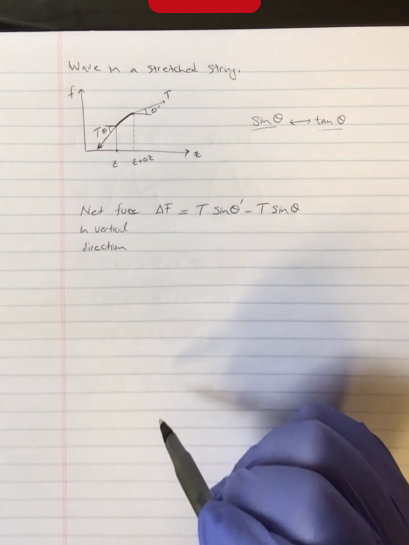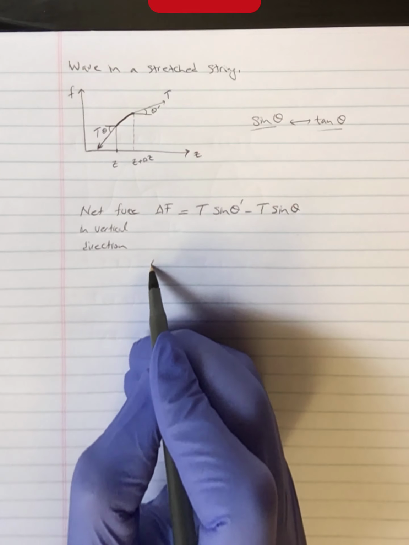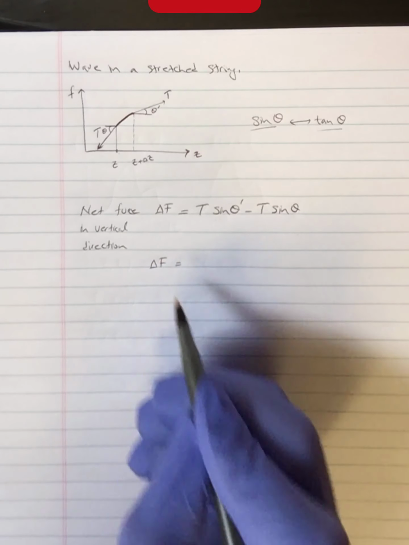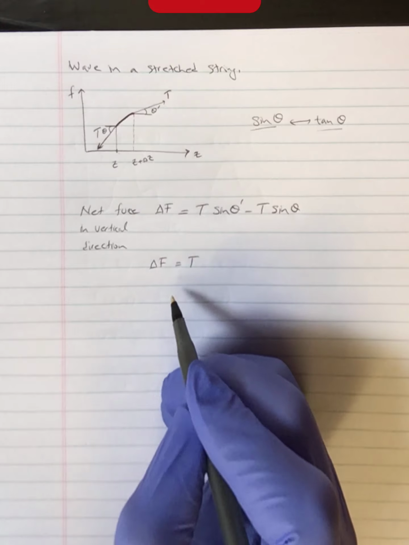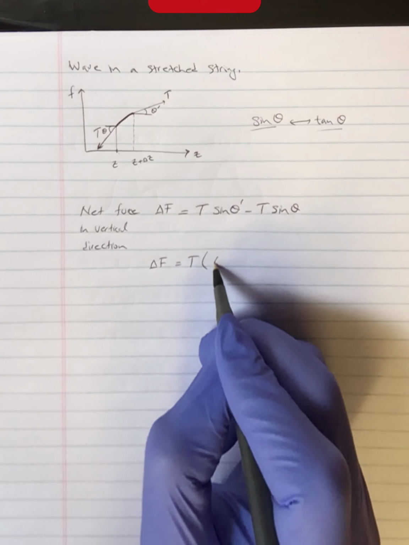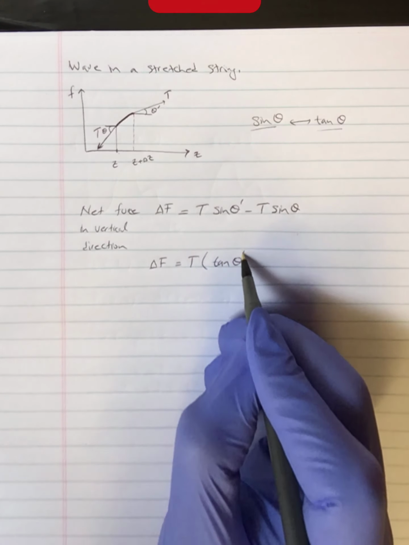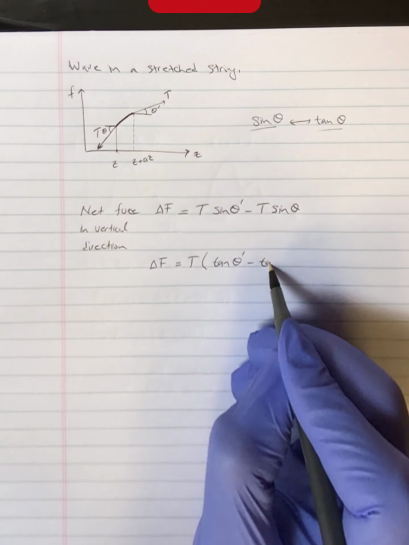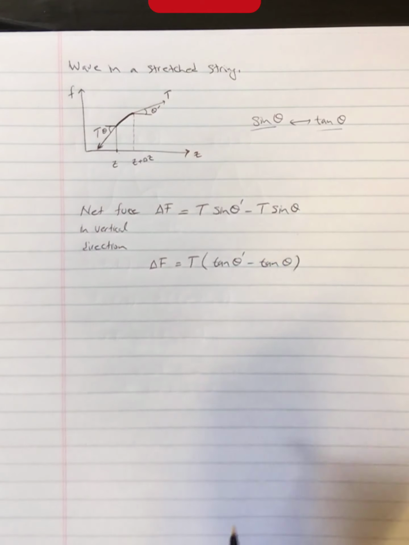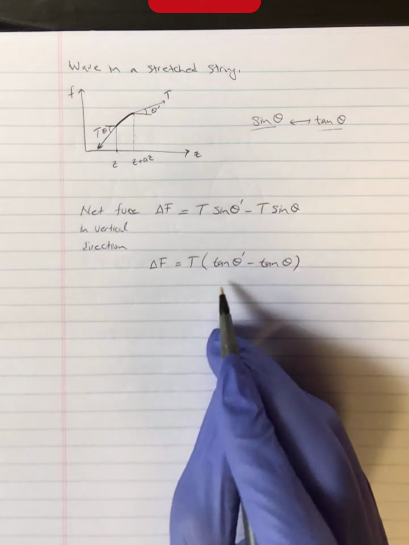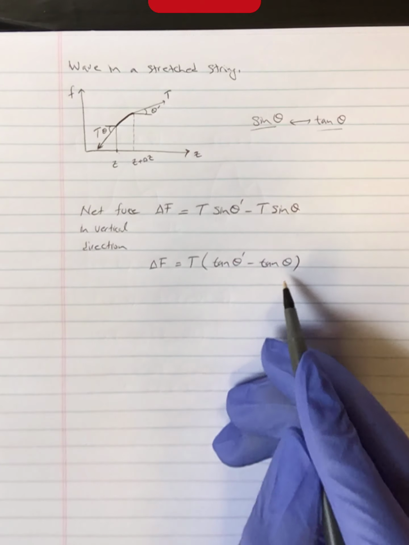Okay, so I'm going to say the net force delta F is now equal to T times tangent of theta prime minus tangent of theta. Okay, and now what is tangent of theta prime and tangent of theta?